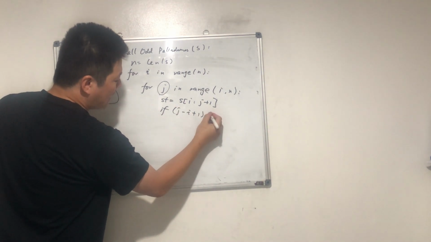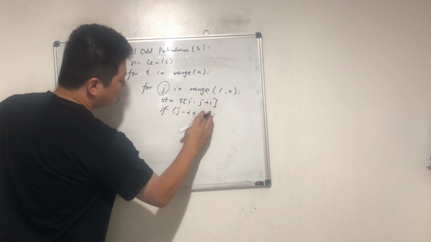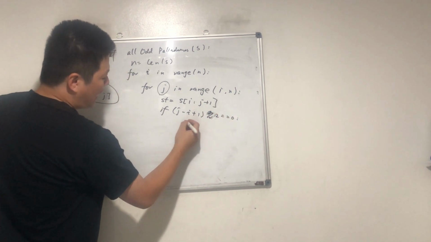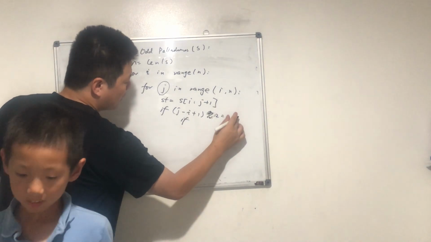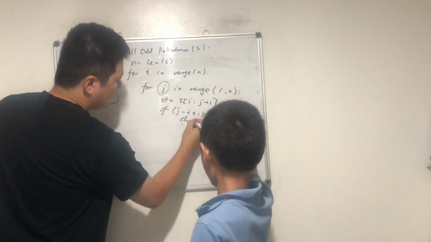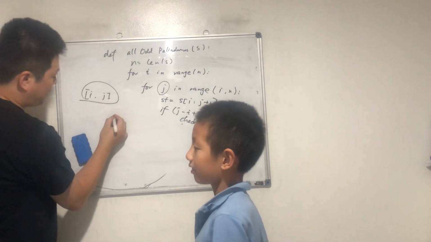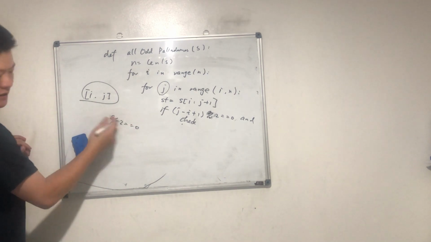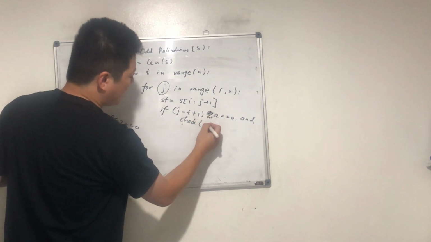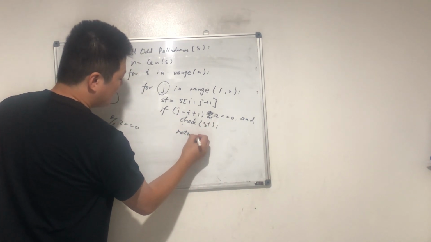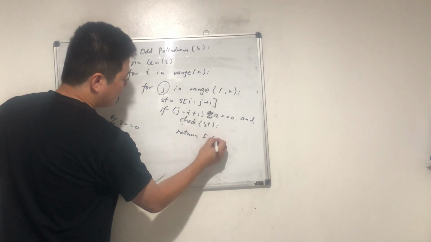If that modulo 2 equals 0, it means this is an even number. And if you check this substring is a palindrome, then we return false.